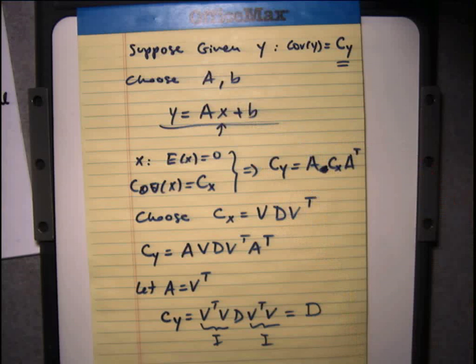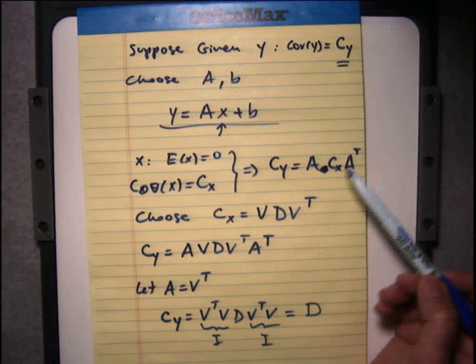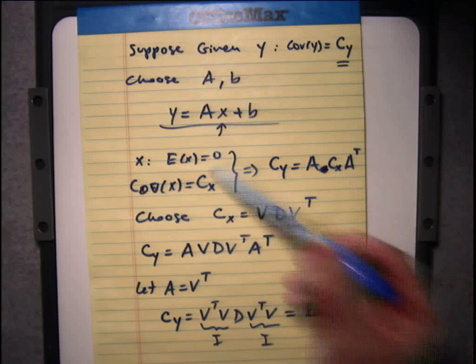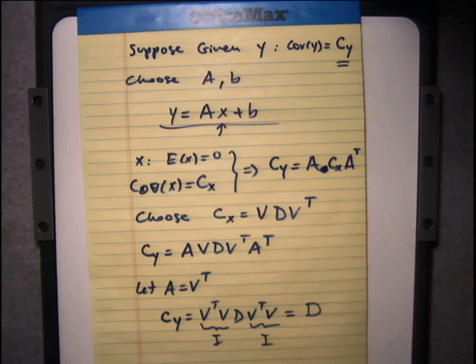So basically what it's doing is it's taking a random variable x, which might have an arbitrary covariance matrix. In other words, the off-diagonal elements may not be 0, and turning it into a random variable y, which necessarily has off-diagonal elements in the covariance which are 0.